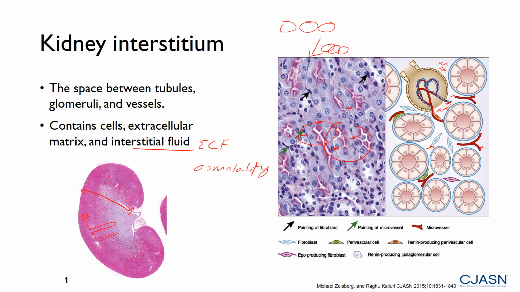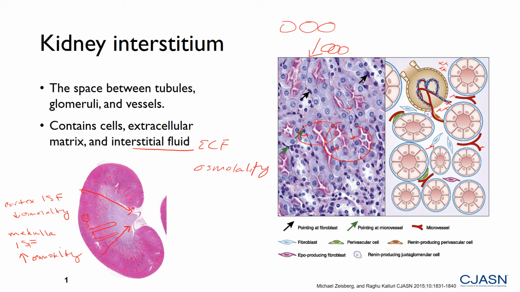Okay, so the cortex of this kidney, the interstitial fluid, which I'm going to write as ISF, has a smaller concentration of osmolality. So it has less osmolality. However, the deeper you go towards the medulla of the kidney, the ISF osmolality increases, and there is therefore a gradient.